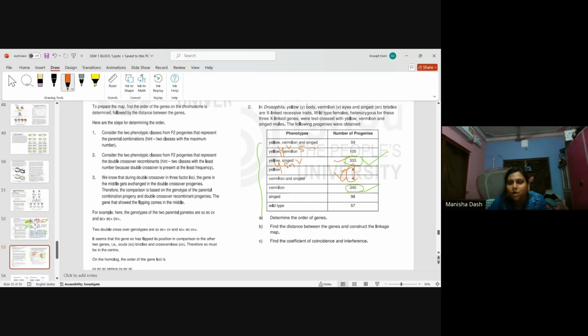Okay, because vermilion stands for v. Since no v is present, it means it will have a v plus character. Then what should this one be? This one should be y plus, sn and v. So did all of you understand this part or not? So how to assign the genotype?